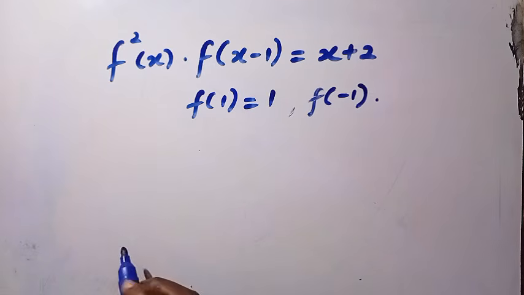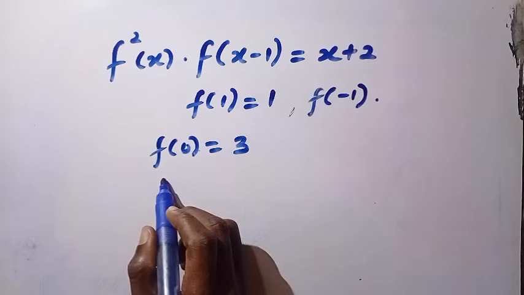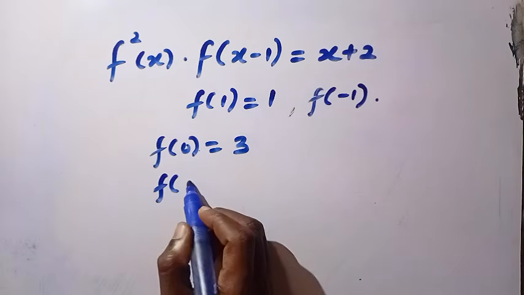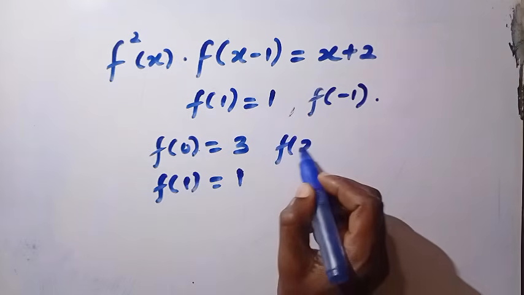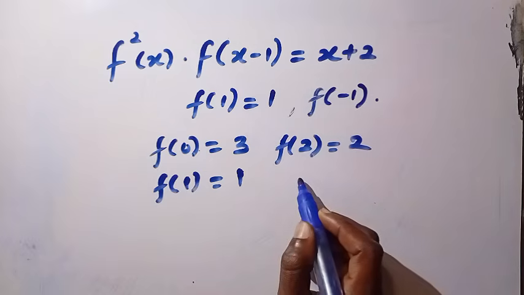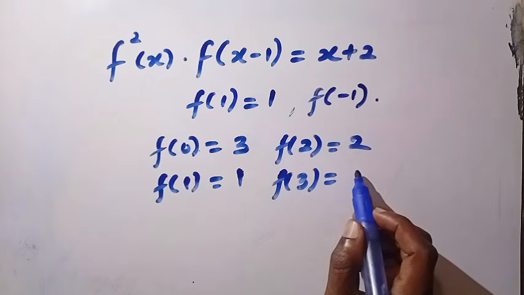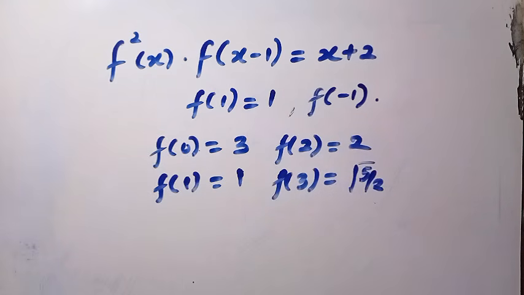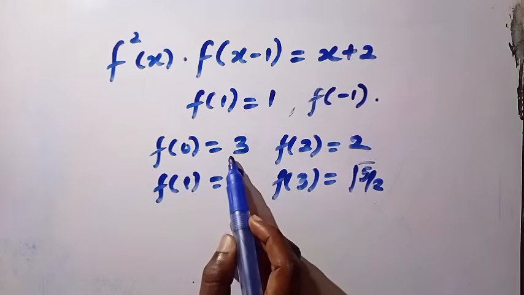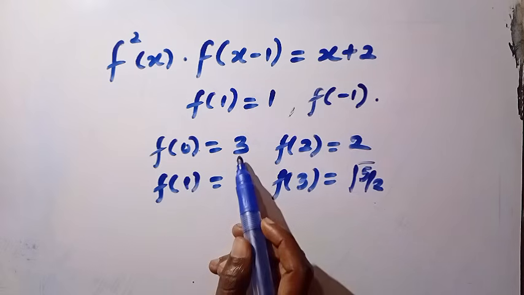What to observe from the beginning is that we start from f of 0 equals 3. Then moving on, we have f of 1, that is 1. Again, we have f of 2, which equals 2. And we have f of 3, which equals the square root of 5 over 2. So f of 0 equals 3 is the highest number here, and f of 1 equals 1 reduces from this.